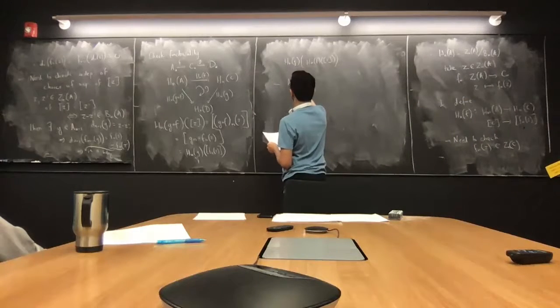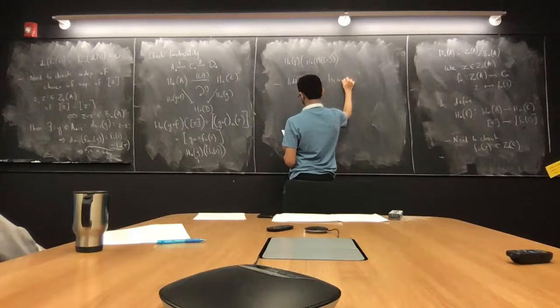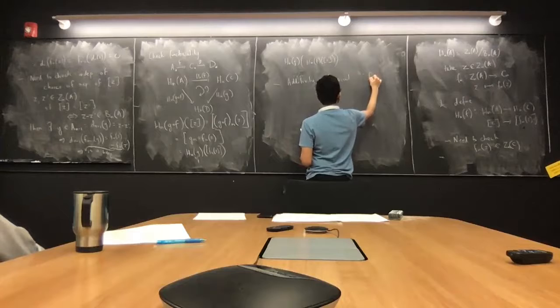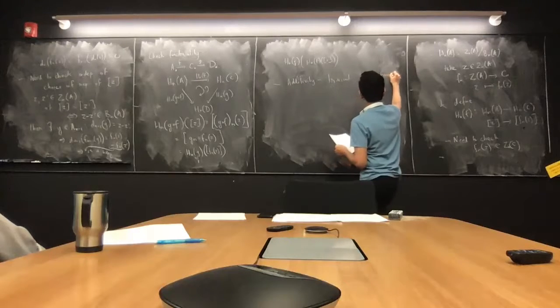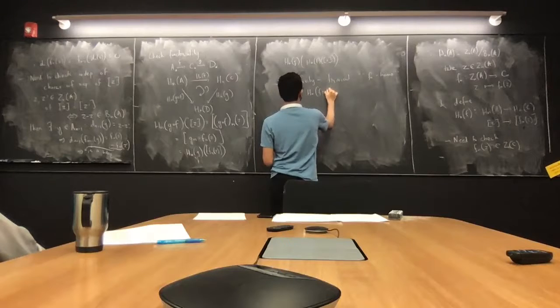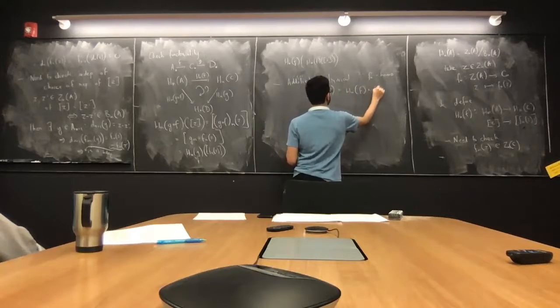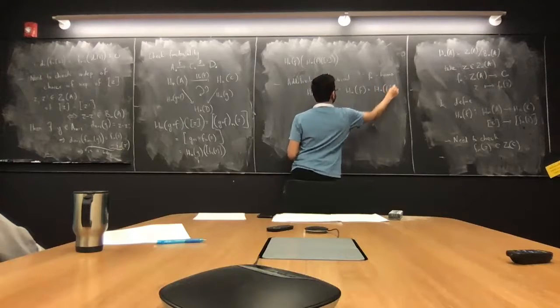And one last check is additivity. This is trivial because Fn are homomorphisms. So Hn of f plus f prime is going to be equal to Hn of f plus Hn of f prime.